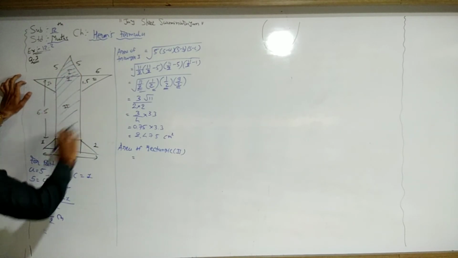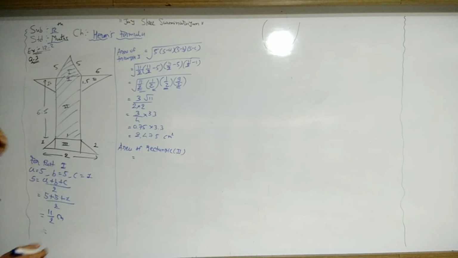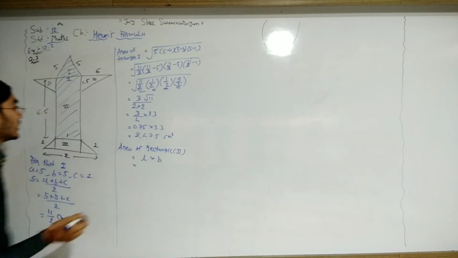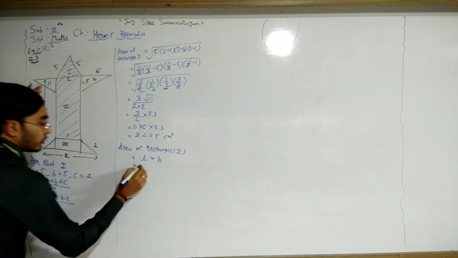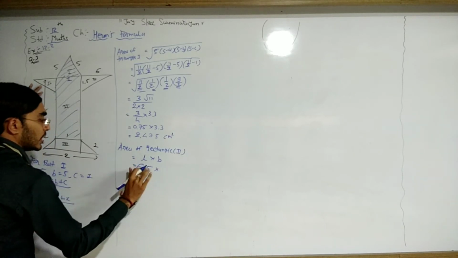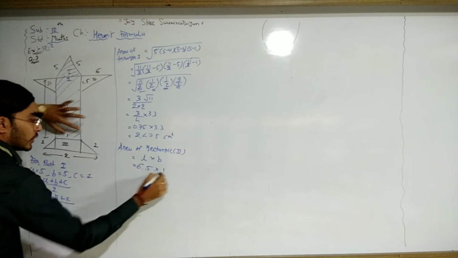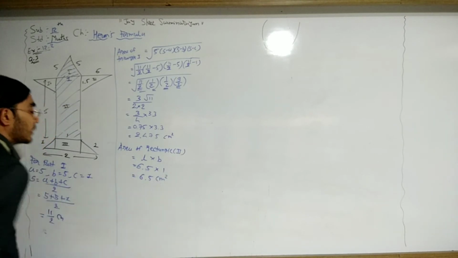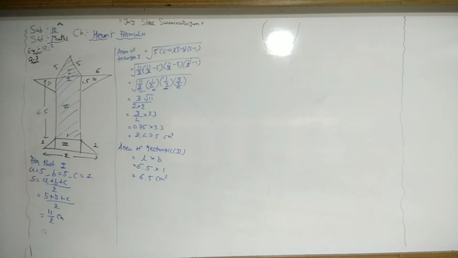Area of rectangle is length multiplied by breadth. Length is 6.5 and breadth B is 1. So 6.5 into 1, 6.5 centimeter square. This is the area of the second part.